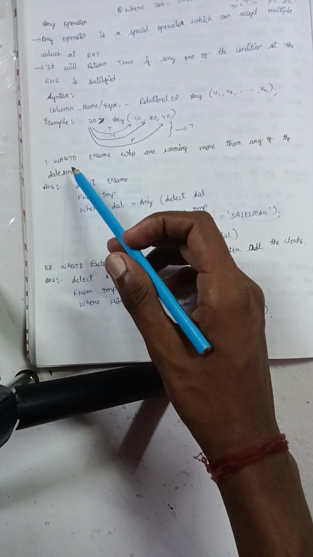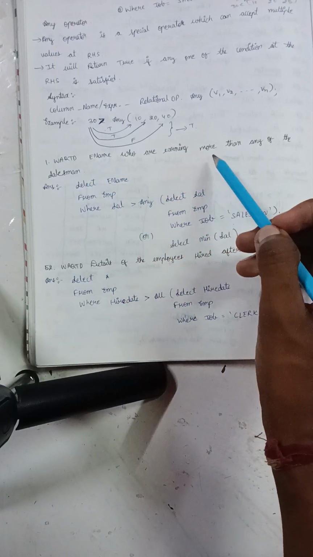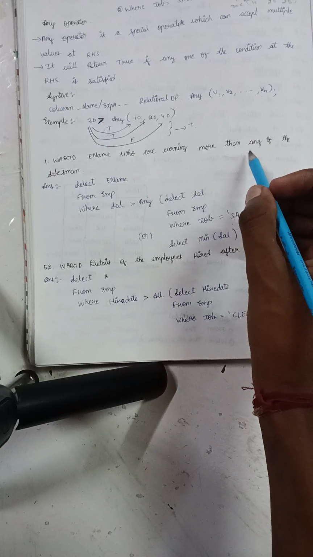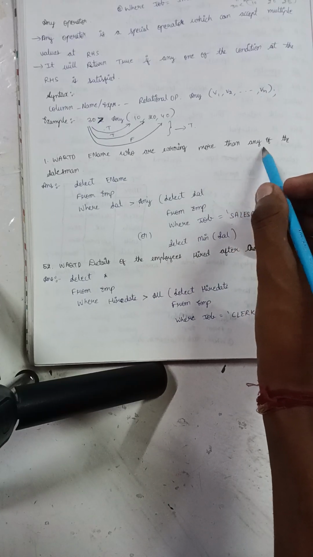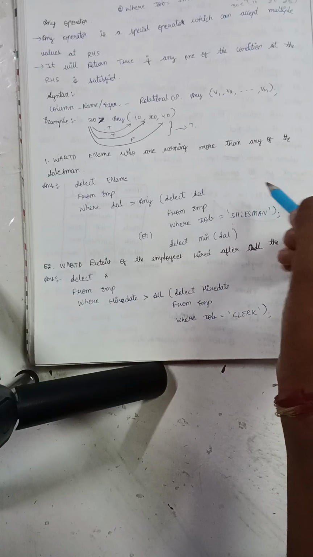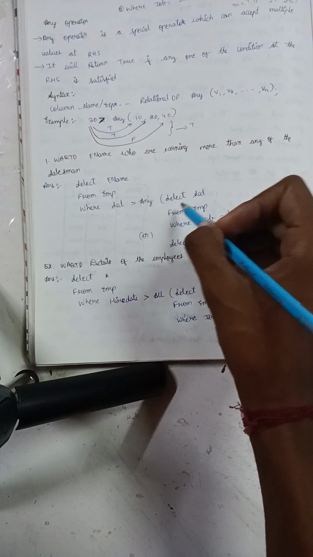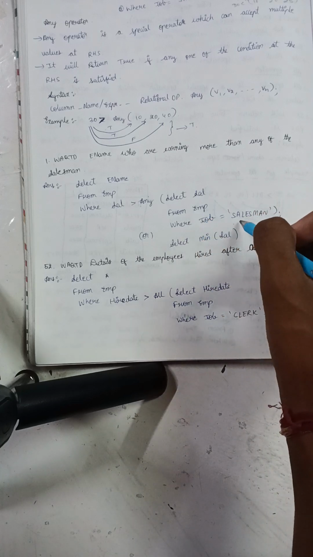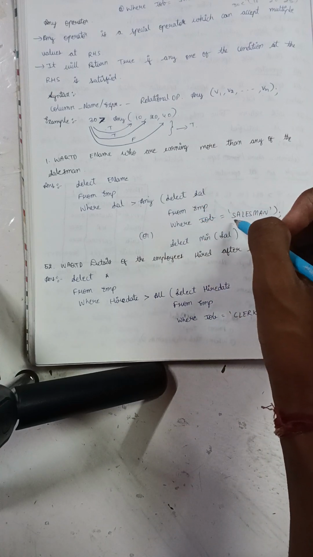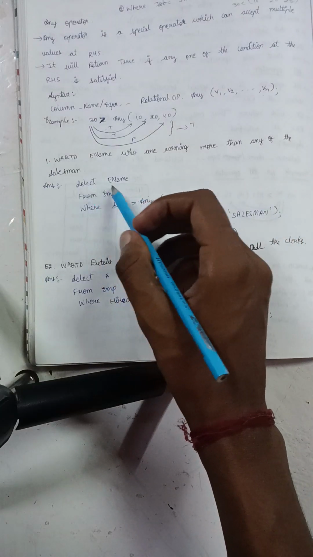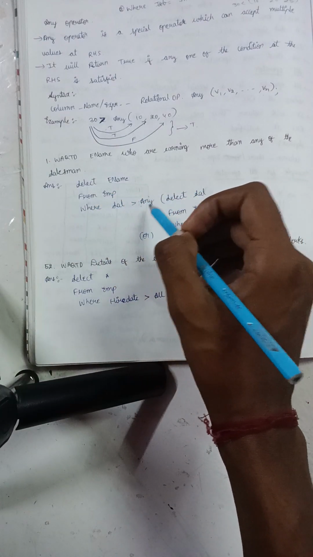Write a query to display ename who are earning more than any of the salesmen. Here we can know that any is a keyword, so we can use the any keyword. This is a hint. So we write select sal from EMP where job equals salesman. Here we will get the salary of salesman, and it will be compared with select ename from EMP where salary greater than any.